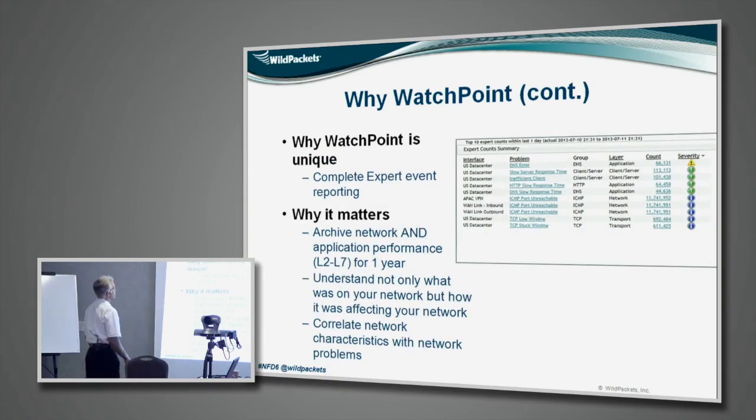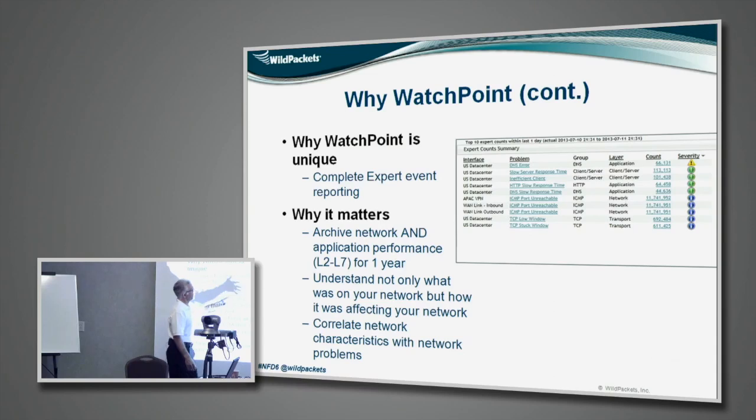We also do the same thing with our expert events. I didn't talk too much about this in the original demo. Tim had mentioned it a little bit earlier, but we are always in the background as we're analyzing the packets, looking for a large number of different types of expert faults and network faults and network events that might be of interest to a user.